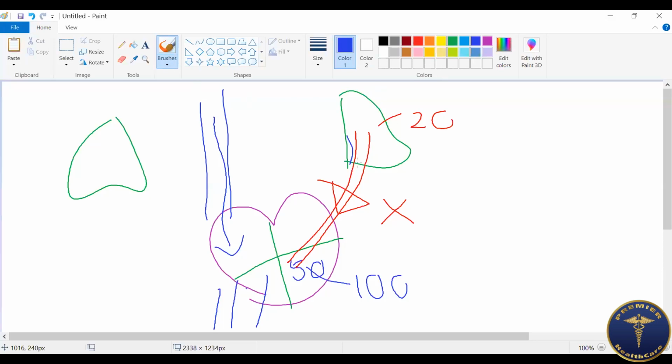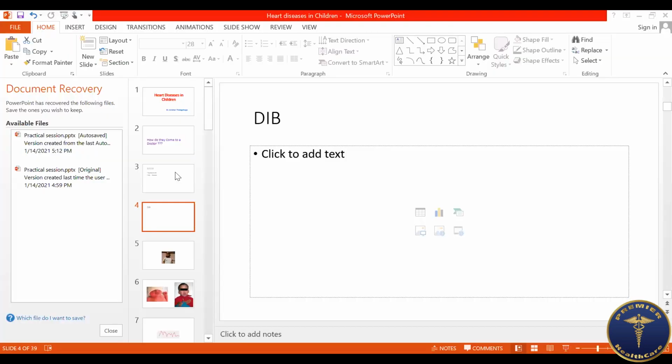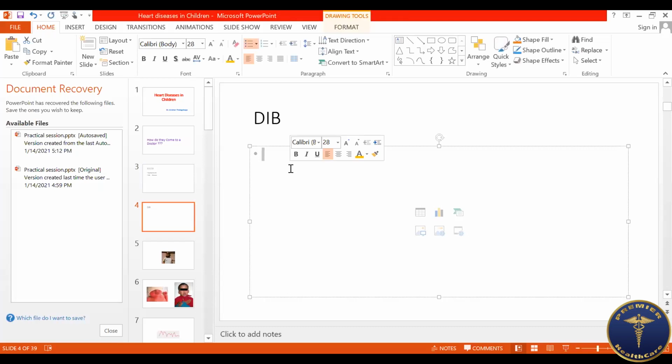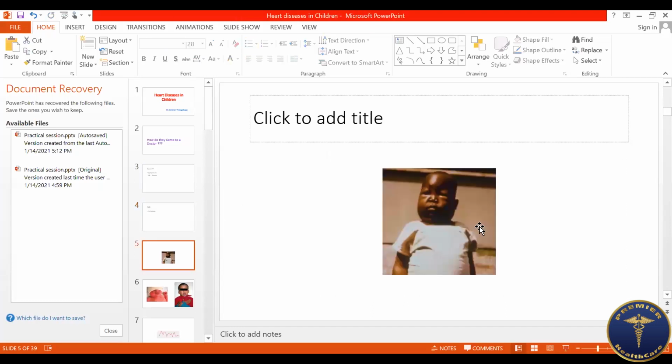So that's the pathophysiology of heart failure in children having heart diseases. We can remember, this is where we started, difficulty in breathing. This is due to pulmonary edema. And then what is the other manifestation of heart failure? They will be edematous.